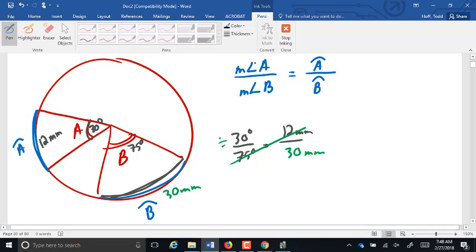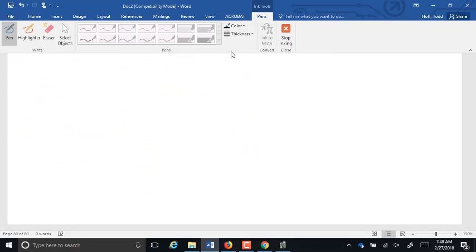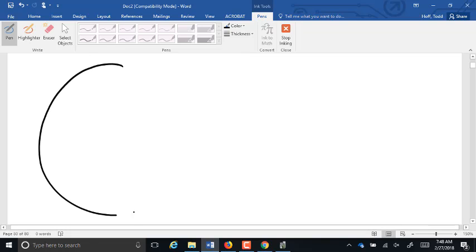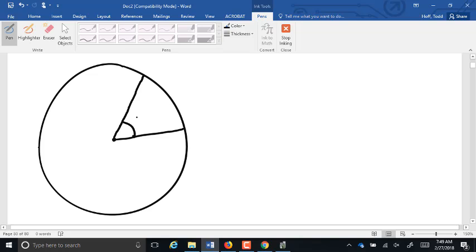Not all of our arcs can be defined by a central angle like that. Sometimes the vertex of our angle has to be somewhere else. To illustrate this, I am going to look at, this is a central angle of 60 degrees. What I'm going to do is this.